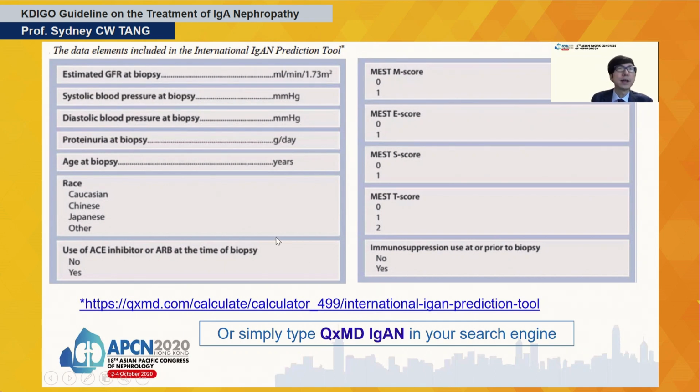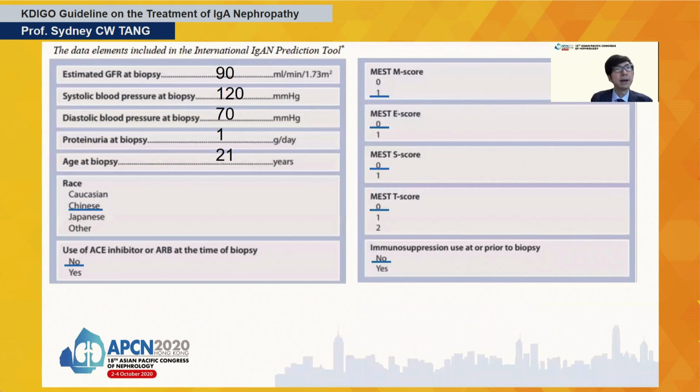So let me just show you an example here. For example, we have a 21-year-old patient presenting for the first time with 1 gram of proteinuria, and therefore a biopsy was performed showing IgA nephropathy, and the patient's GFR is 90, blood pressure is well controlled, 120/70.